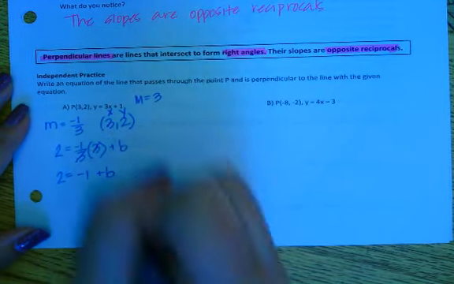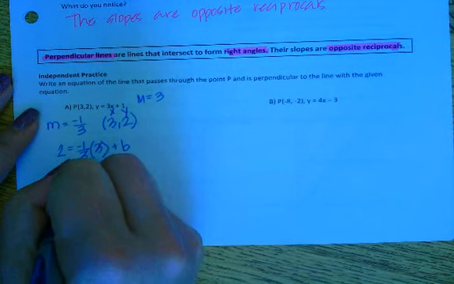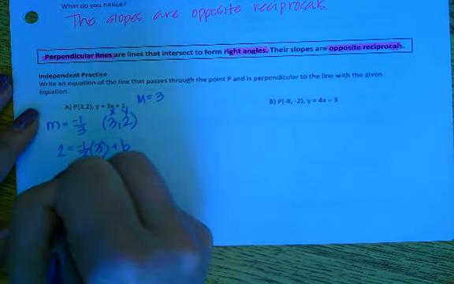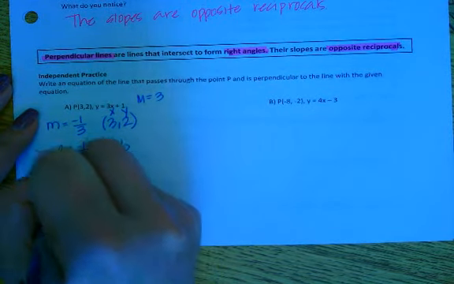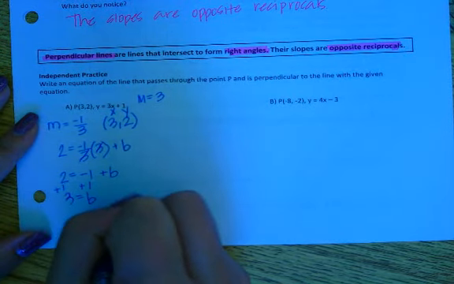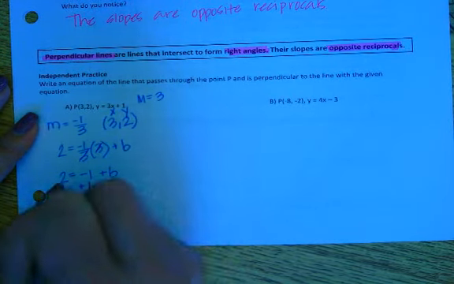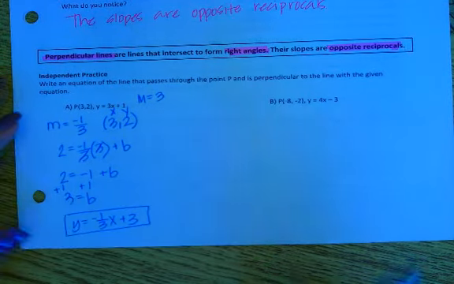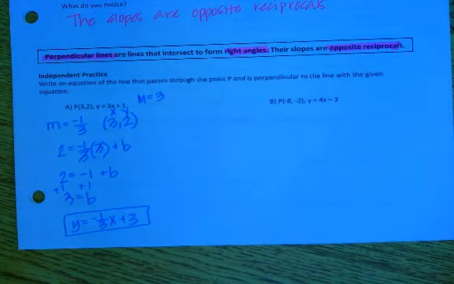So what is my b value? 3, because I'm going to add 1 to both sides. 3 equals b, so what is my equation? Very good. So do letter B on your own. Start with picking out your slope, and then what your new slope is going to have to be.